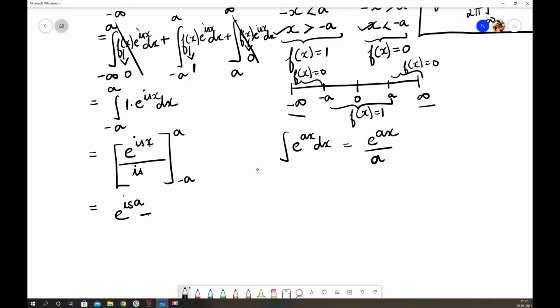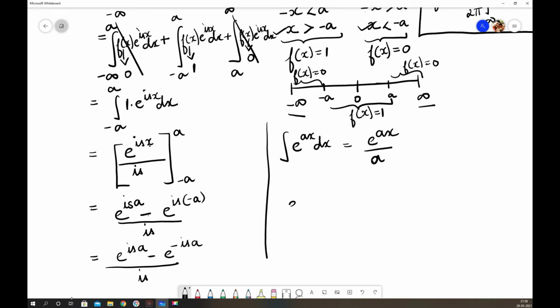My lower limit is minus a, so it is e to the power is into minus a. I have a common denominator which is is. So I write this as e to the power isa minus e to the power minus isa by is. Clear?